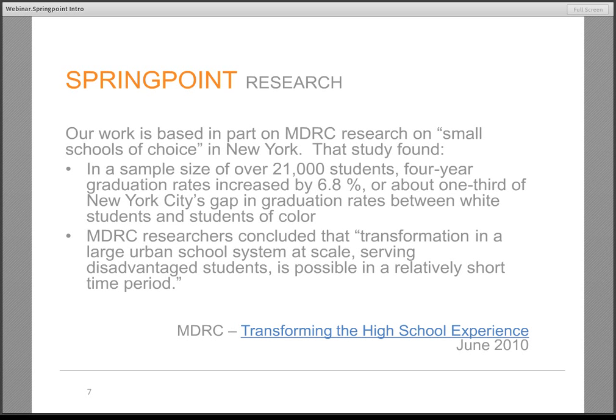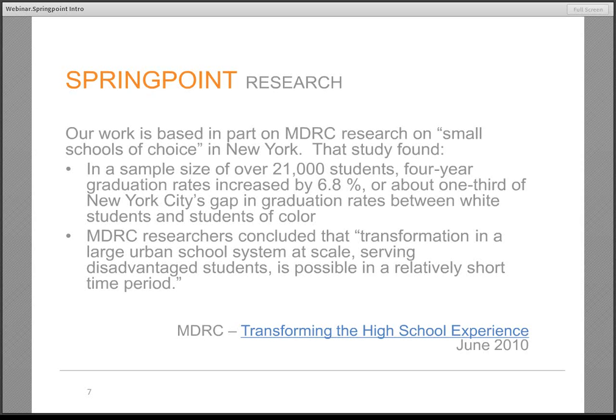So the research has concluded, and it shrunk the gap between graduation rates between white students and students of color. And the research has concluded that transformation in a large urban school system at scale serving disadvantaged students is possible in a relatively short period of time.